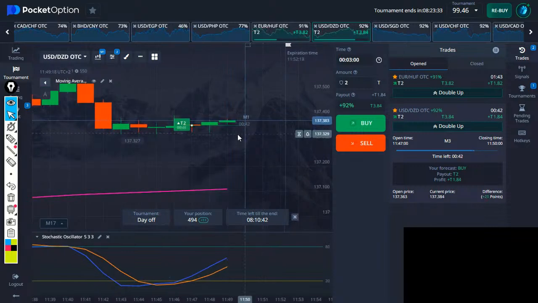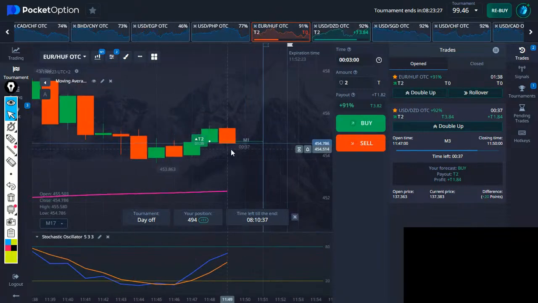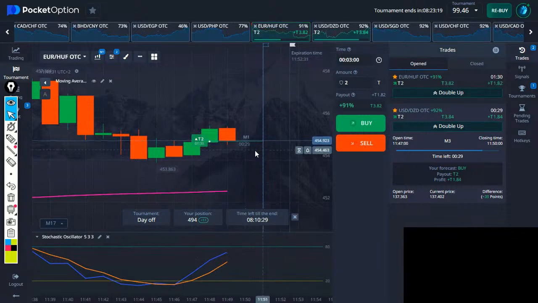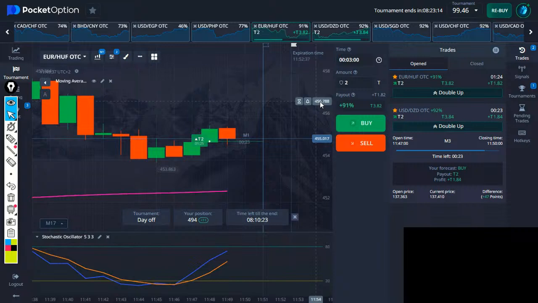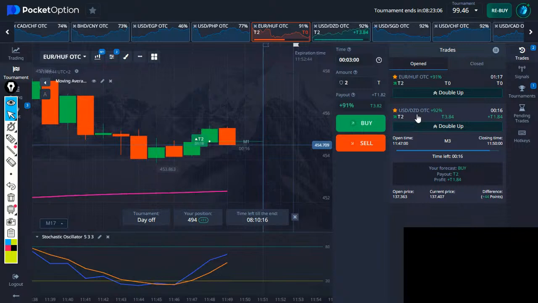Perfect. Here we have a rejection from this zone. This is gonna be a winning trade for sure. The USD DZD.